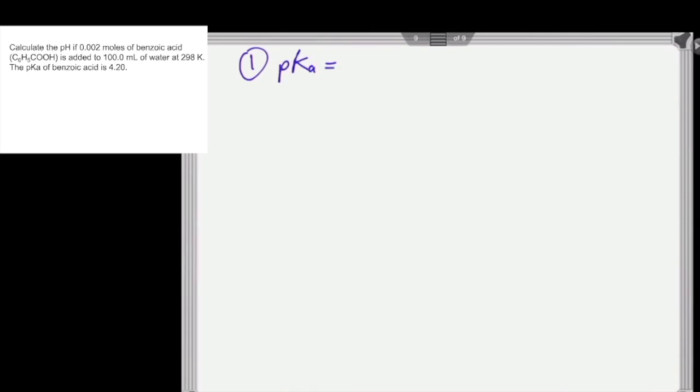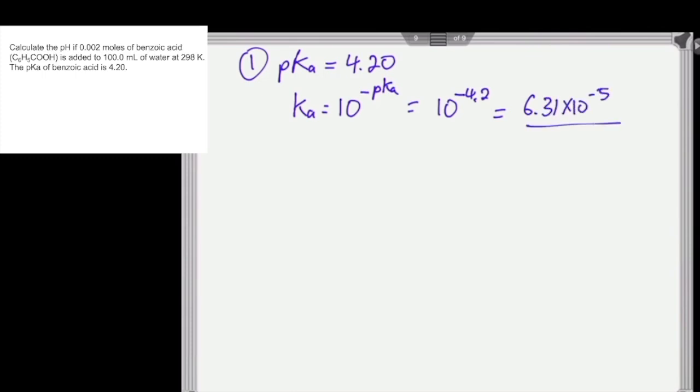The pKa was given as 4.20, which we can convert. Remember, pKa is equal to minus log of the Ka, so therefore Ka is equal to 10 to the minus pKa, or Ka here is equal to 10 to the minus 4.2, which equals 6.31 times 10 to the minus 5.